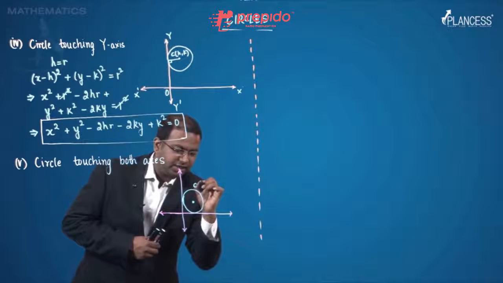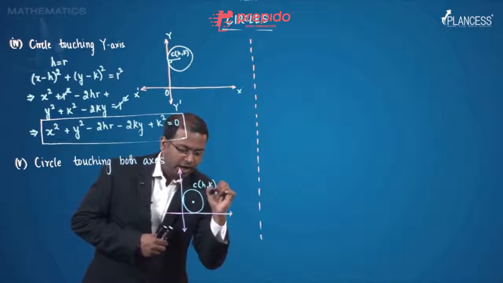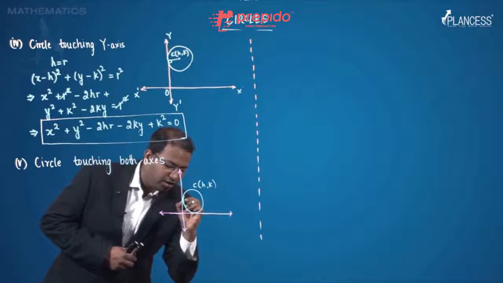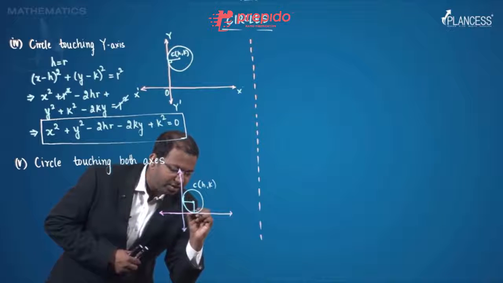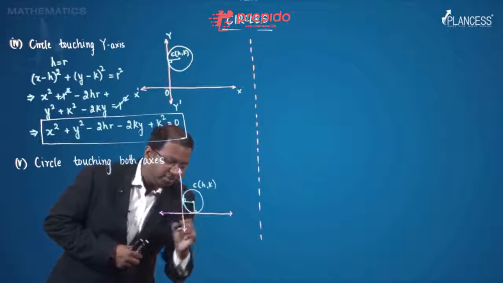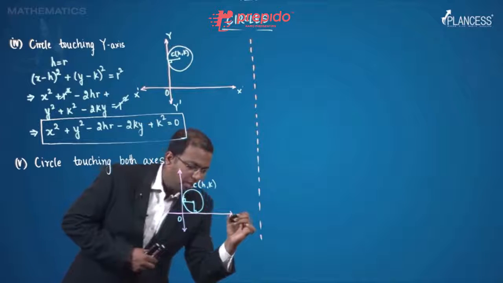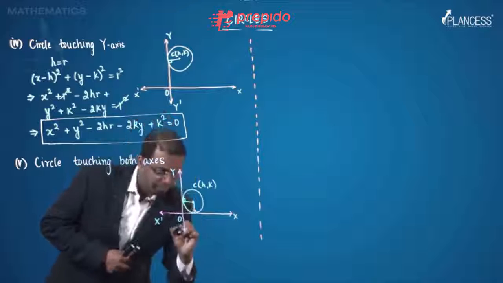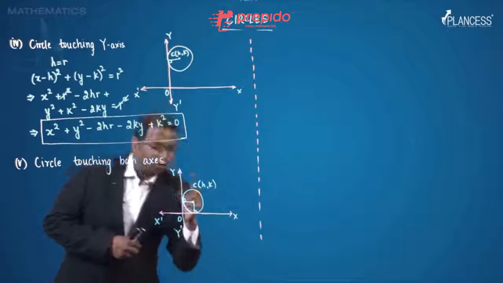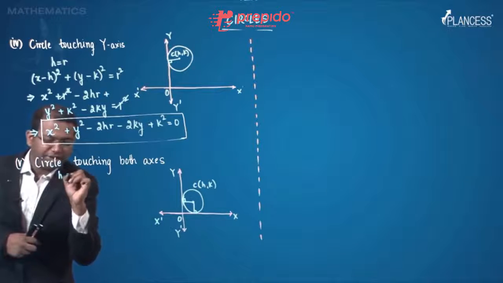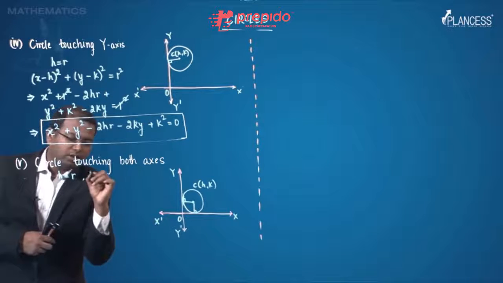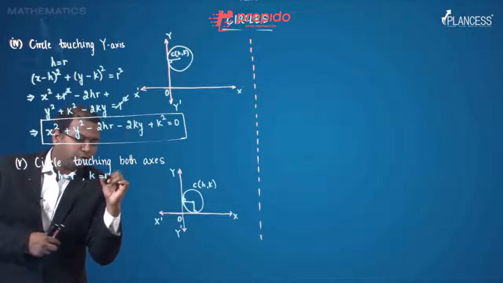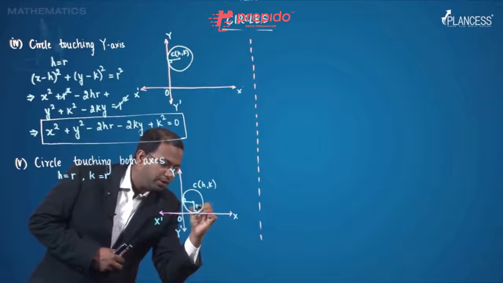Again, let us say the center is C (h, k), and if the radius is r, this distance and this distance, which is the perpendicular distance from the axis, will also be r. So here we have h equal to r, and k will also be equal to r.